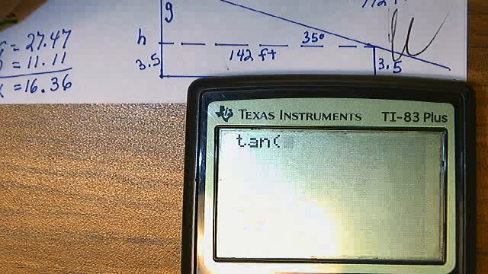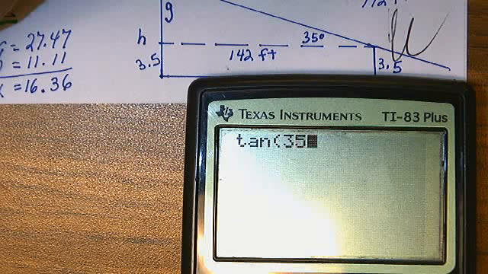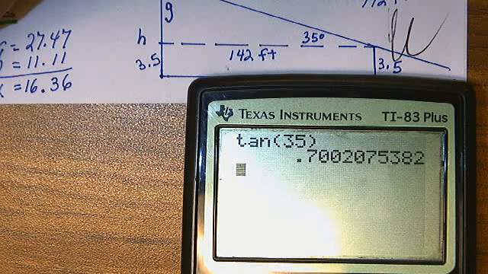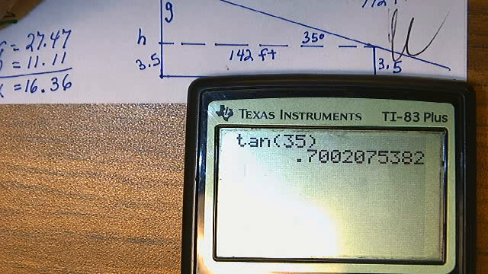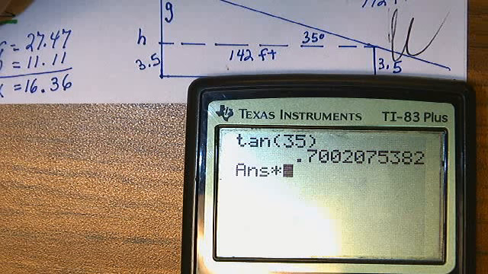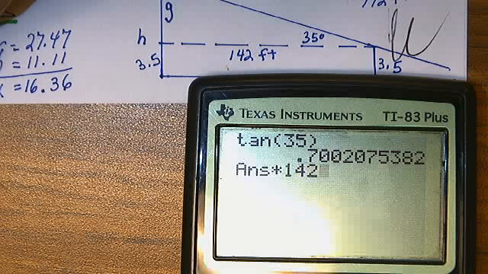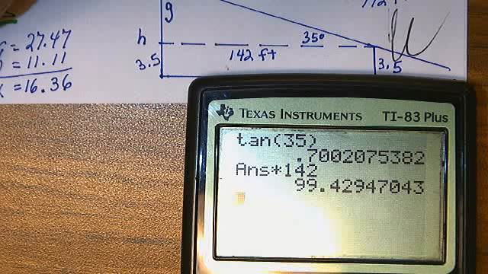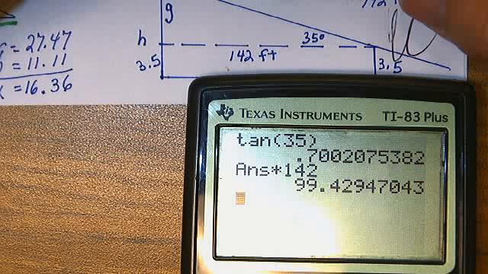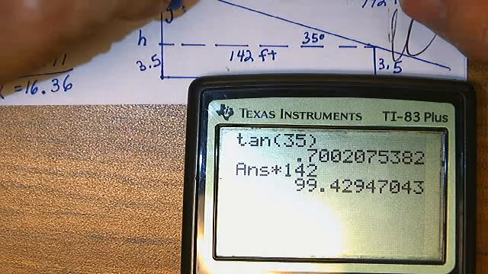Now I need the tangent of 35 degrees, which is point whatever it is. Now I multiply that times 142 feet, and that gives me 99 feet.